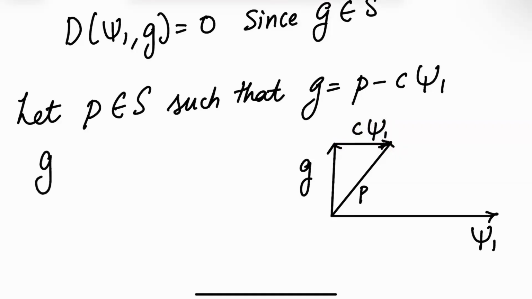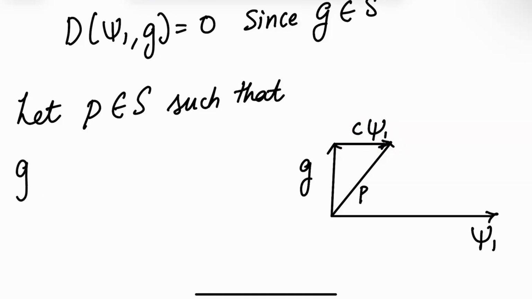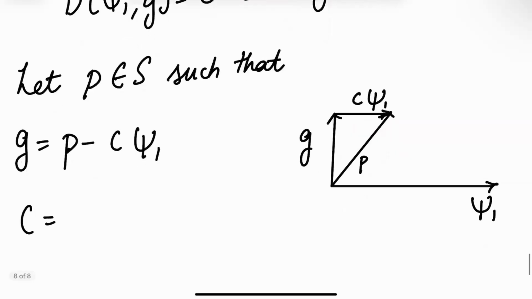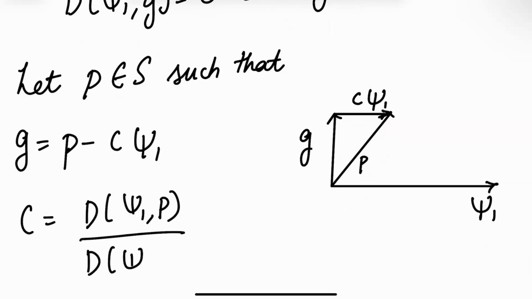So G is P minus C psi 1. I wrote that down already. And what is the value of C? So I should rewrite this here. G equals P minus C times psi 1, where C equals D of psi 1 comma P divided by D of psi 1 comma psi 1, which is nothing but D of psi 1.